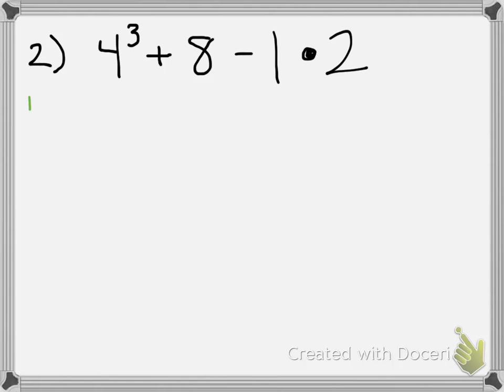All right, number 2. First thing you need to do again is write what you see. This is going to be an order of operation problem. So off to the side, we want to write PEMDAS.